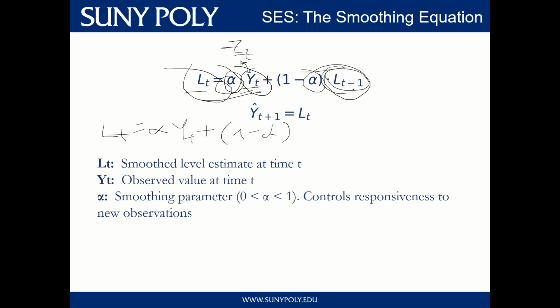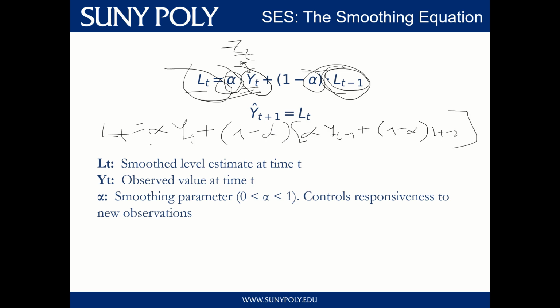But now I'm going to make a change. So instead of Lt minus 1, I'm going to develop that expression. So that's going to be alpha Yt minus 1 plus 1 minus alpha times Lt minus 2, right?